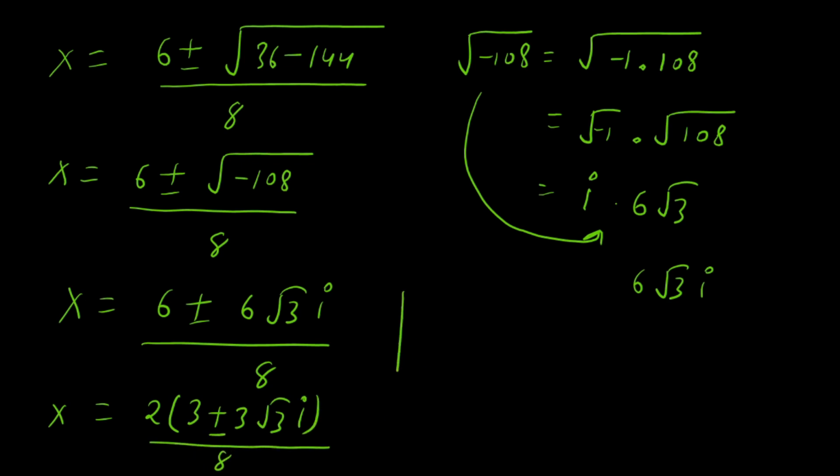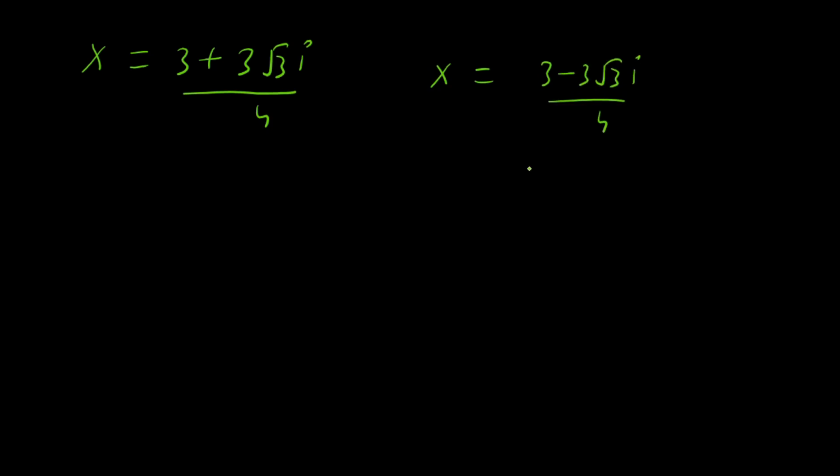Now if we divide numerator and denominator by 2, then the value of x is 3 plus minus 3 times square root of 3 iota divided by 4. Here the second value of x is 3 plus 3 times square root of 3 iota divided by 4, and the third value of x is 3 minus 3 times square root of 3 iota divided by 4.